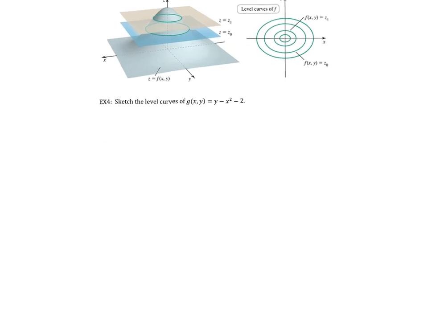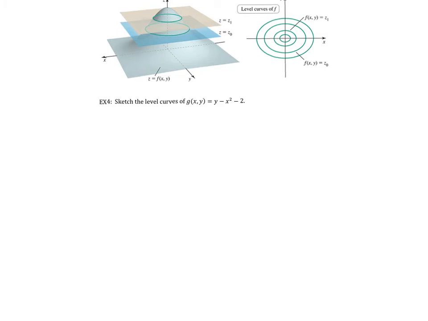Oftentimes it's easier for us to work with level curves than it is for us to work on a three-dimensional surface. Example 4, we're going to sketch the level curves of our function g of xy equal to y minus x squared minus 2.